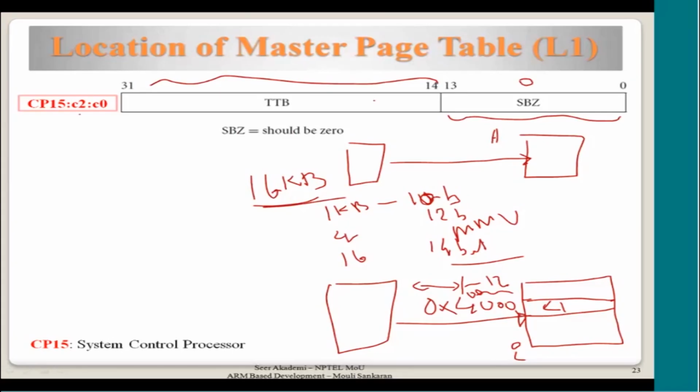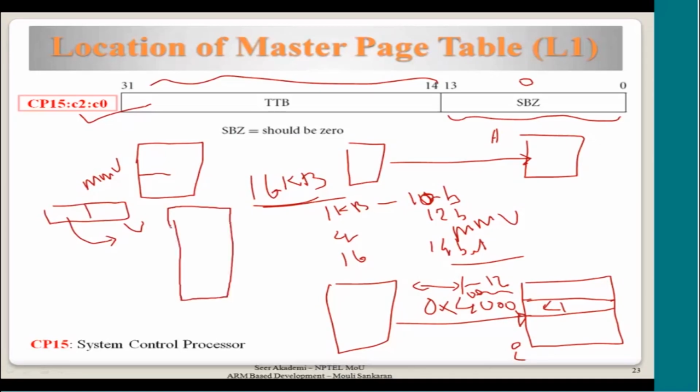Because this can be accessed using the coprocessor and the hardware MMU. Okay, the MMU, while accessing the L1 table, can easily use this register, and then you can use that address along with whatever virtual address is coming. Based on the address, it can index into the table. That is why we need to index into the table.